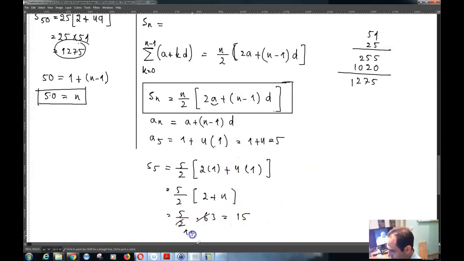Now 1 plus 2 plus 3 plus 4 plus 5 is 3, 6, 10, 15. The same number.